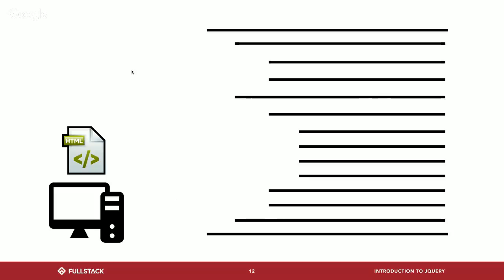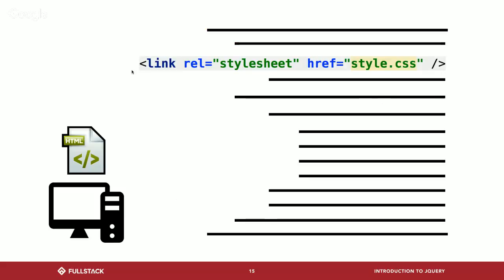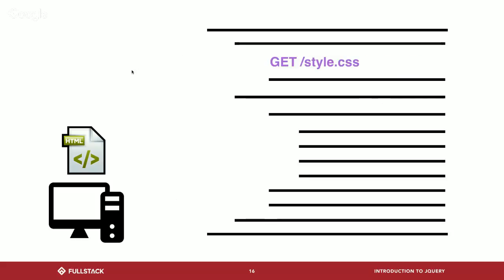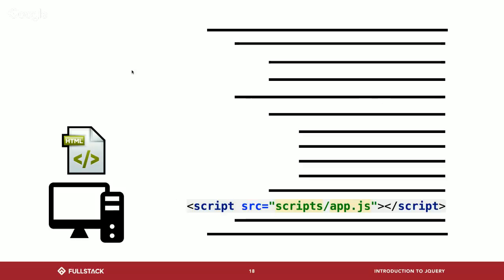And what's going to happen is that the browser is going to end up basically reading this file, and it'll go through and read these things a line at a time. If it ends up seeing a style sheet, it's going to make another request to end up getting that style sheet. It'll end up getting those styles. If there's a script tag, it'll end up making a request and getting that script tag.